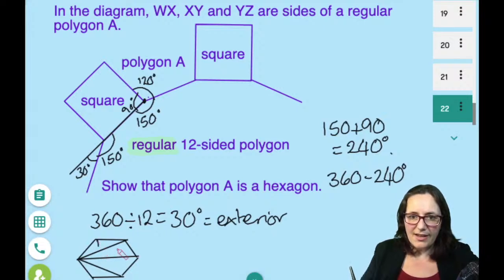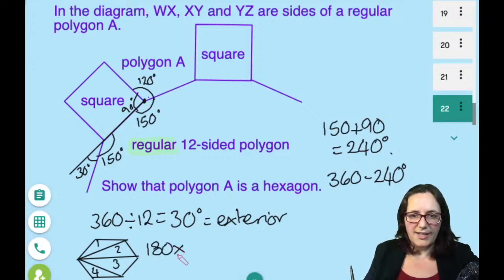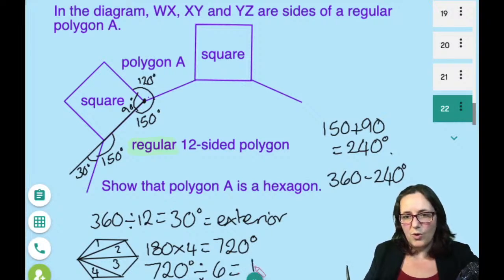As you can see, I have got 4 triangles in here, and I know that in each triangle the angles would add up to 180. So I can write down 180 times 4 equals 720 degrees. And because it will have 6 interior angles, 720 degrees divided by 6 equals 120 degrees.